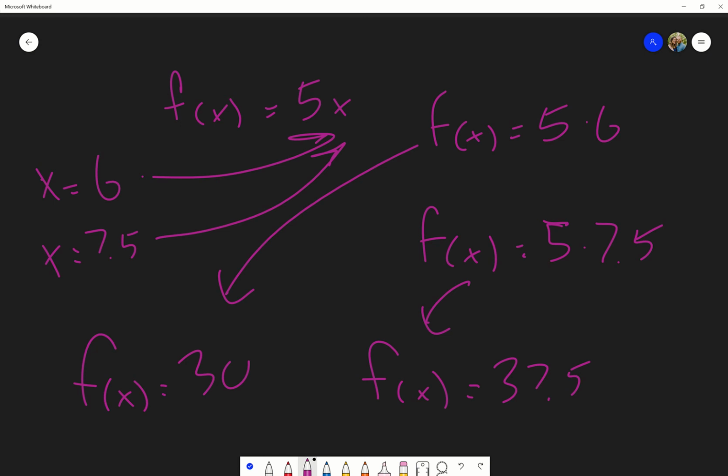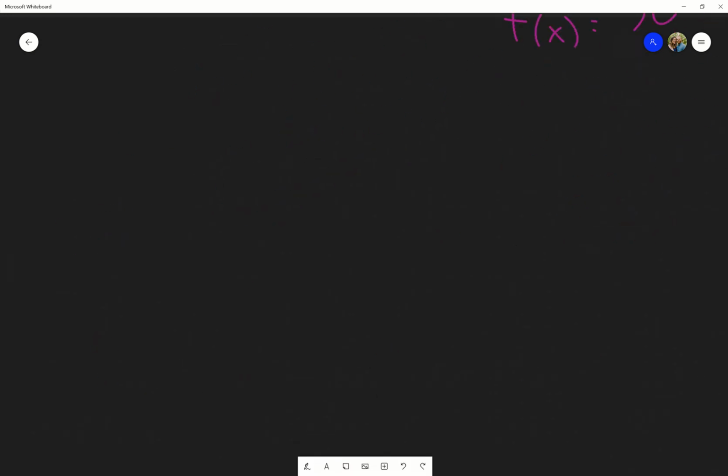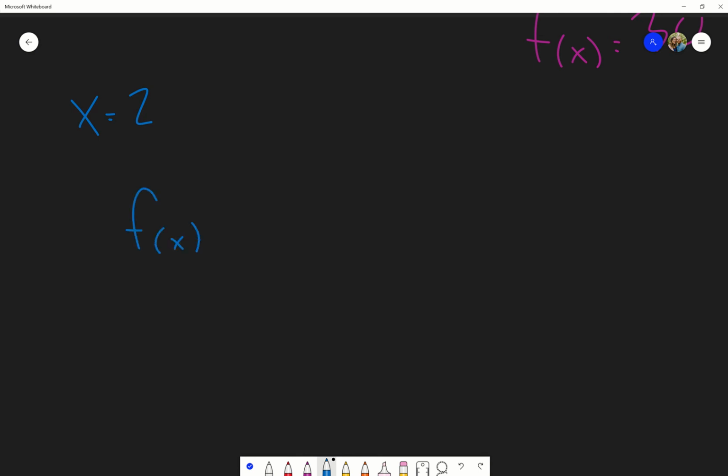I want you, on your own, to solve for me. Let's say that x equals 2. Solve the equation 2.3x plus 10.